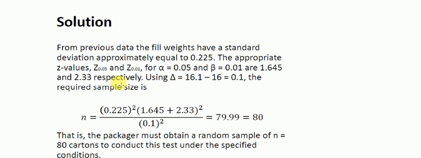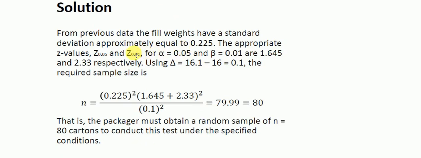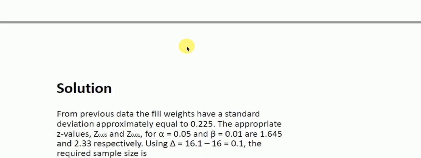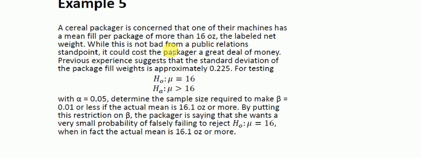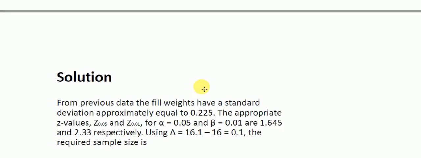So we plugged in the value for the standard deviation, which is 0.225, and which was given exactly in the same way in the question. Standard deviation of the package fill weights is approximately 0.225, so we plugged in this value.